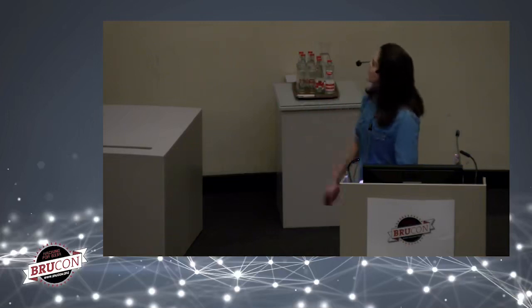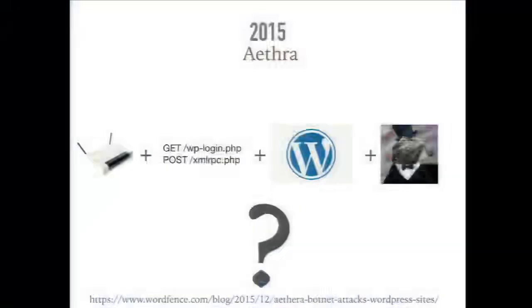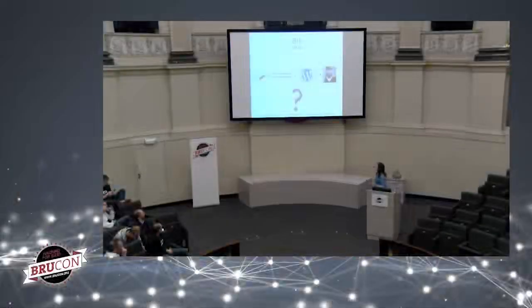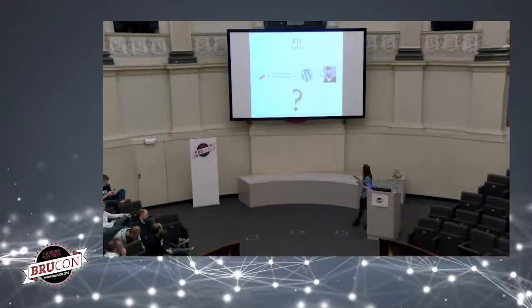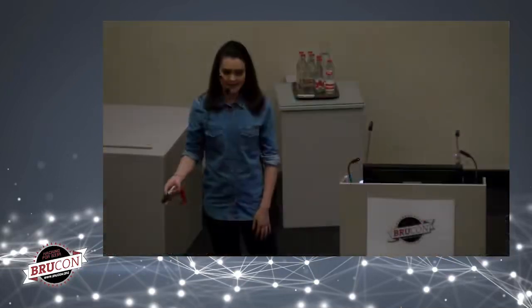So the next year brought us several other interesting examples of malware. First is Athra. This was reported by a WordSec security researcher who was experiencing a brute forcing attack on his personal WordPress site. He found out that all IPs were coming from Italy, and all of them belonged to devices.